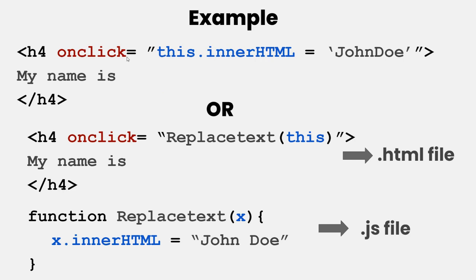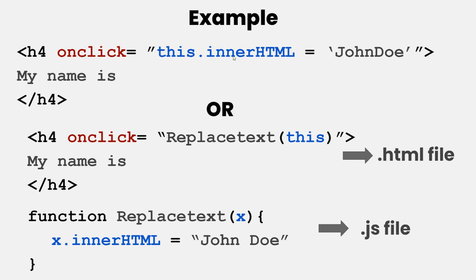Referring to this object, we want to affect the text content we have here, and you know how we do that already. We make use of the dot innerHTML property. That's this particular one.